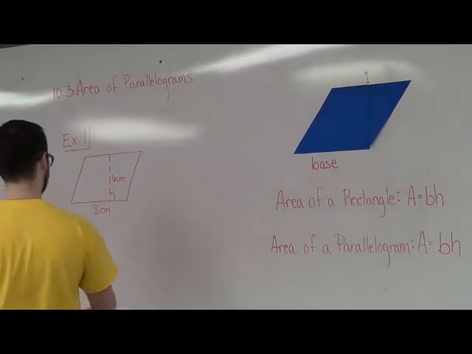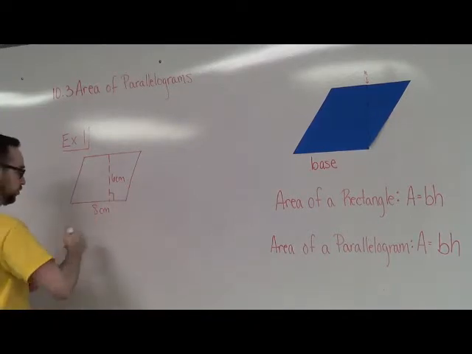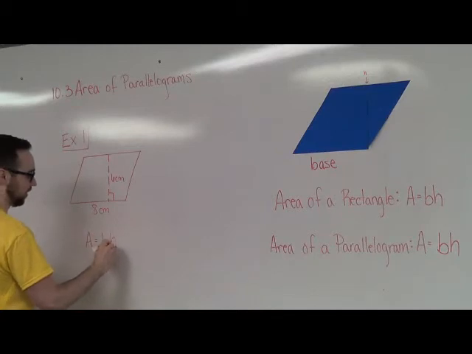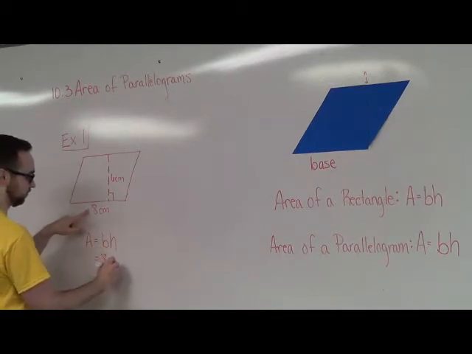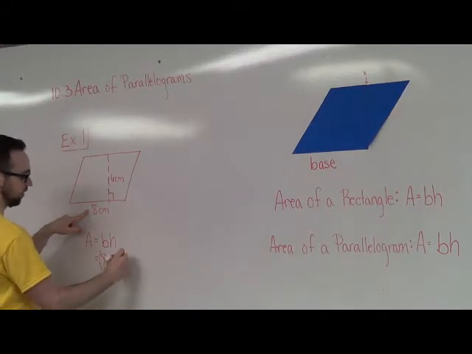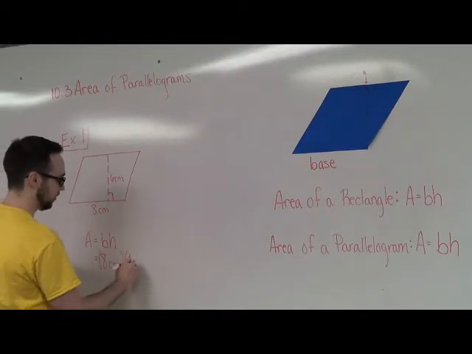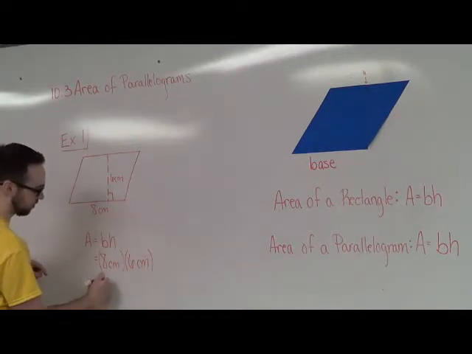We have a base of 8 centimeters and a height of 6 centimeters. So the area is equal to, again, base times height, the base being 8 centimeters, and the height goes straight up through the parallelogram to be 6 centimeters. So 8 times 6 is 48.